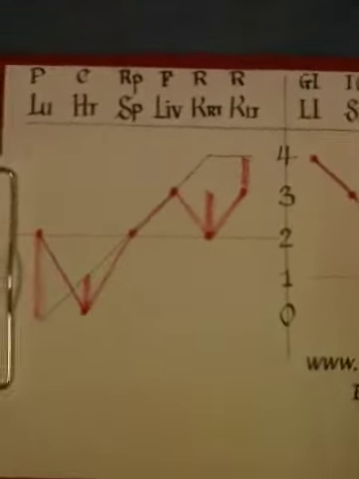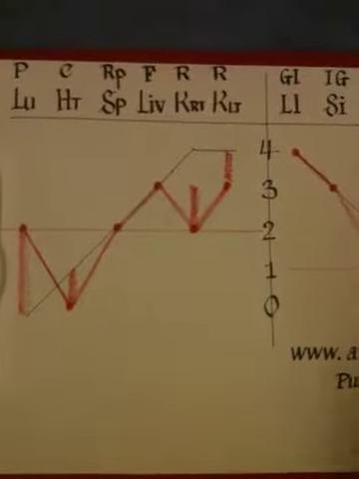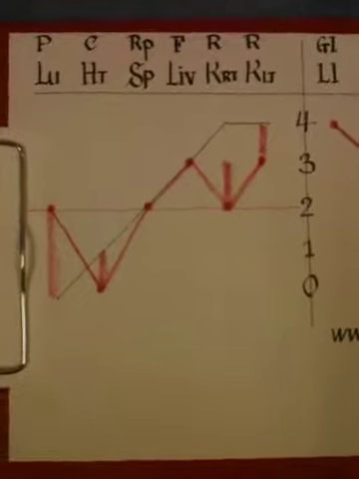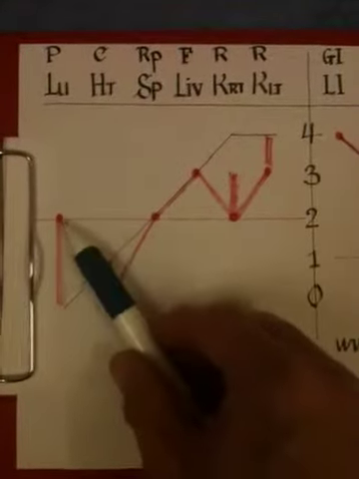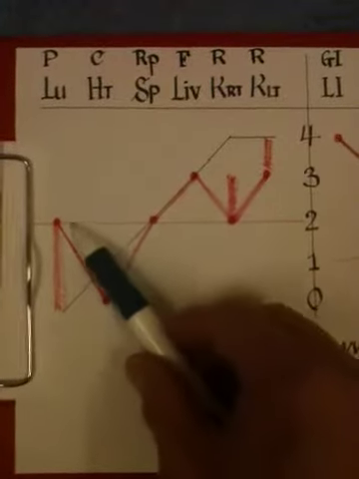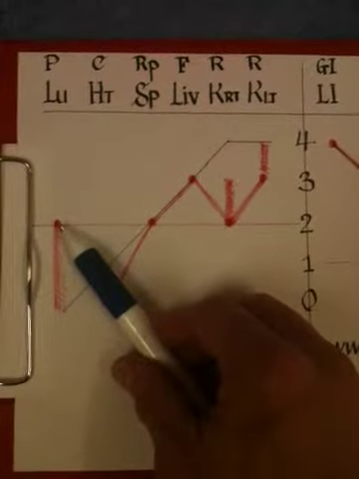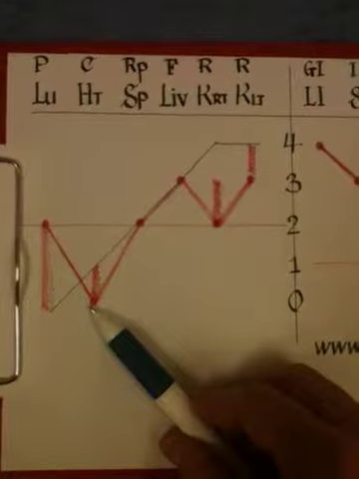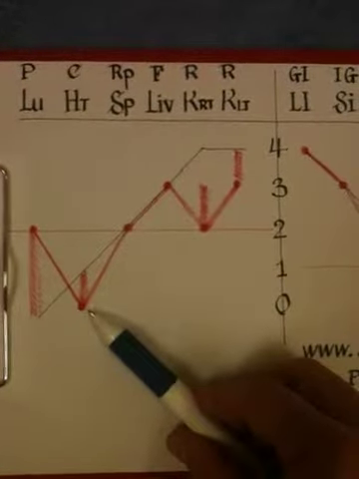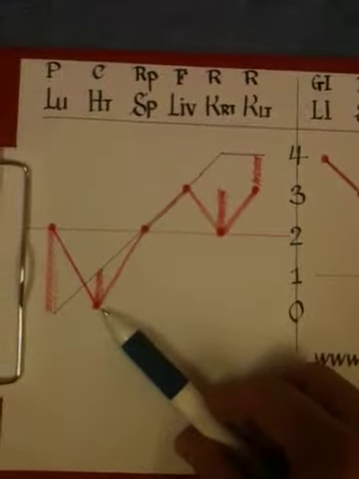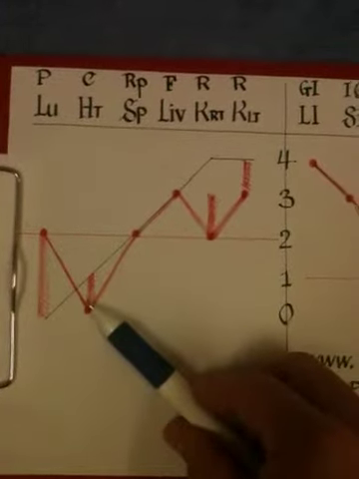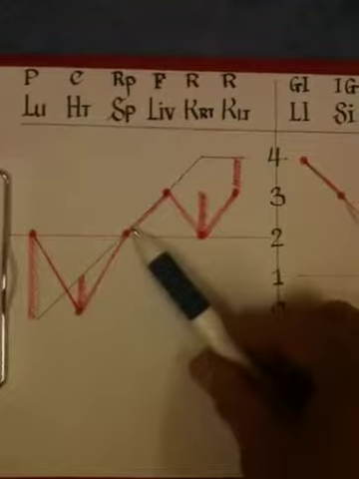So as I said before, this pulse map also provides us with the indication for the treatment. Lung on the level of the spleen, so we use the earth point on the lung, point number 9. Heart pulse on the level of the lung, so we use the metal point on the pericardium meridian.